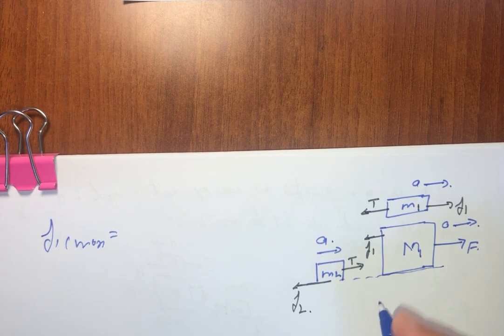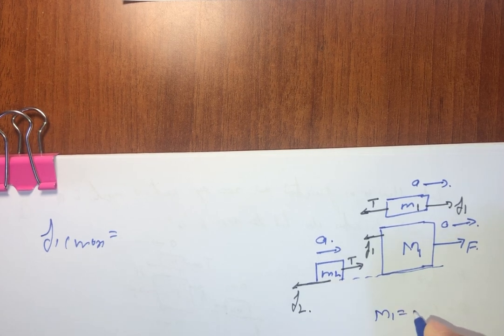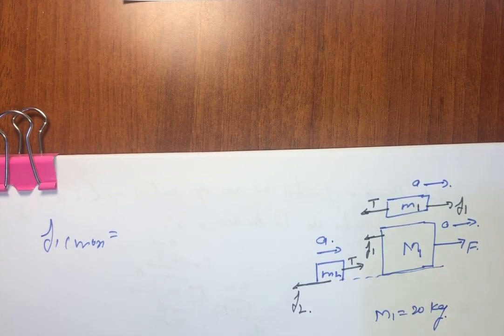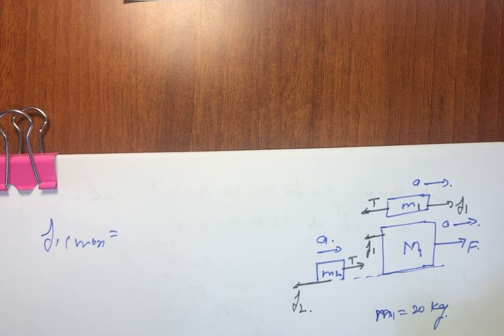Let me write it here: M1 is given as 20 kg and M2 is given as 5 kg and capital M is given as 50 kg.